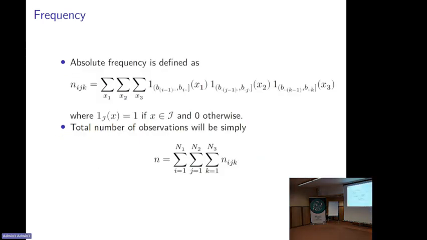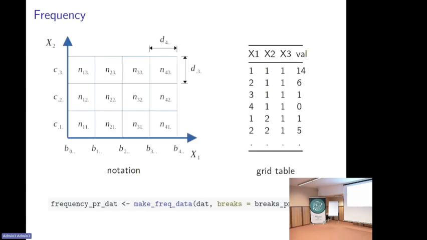The definition is obvious and simple, I just follow the same notation. So I is for the first, J for the second, and K for the third dimension or random variable.